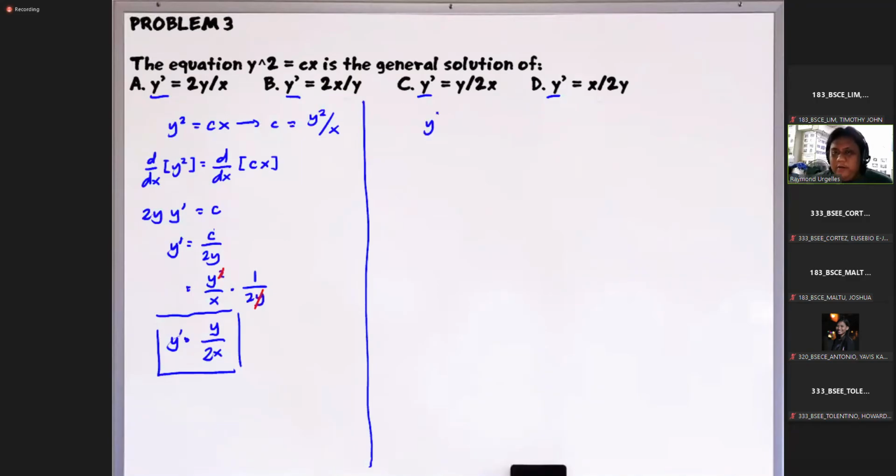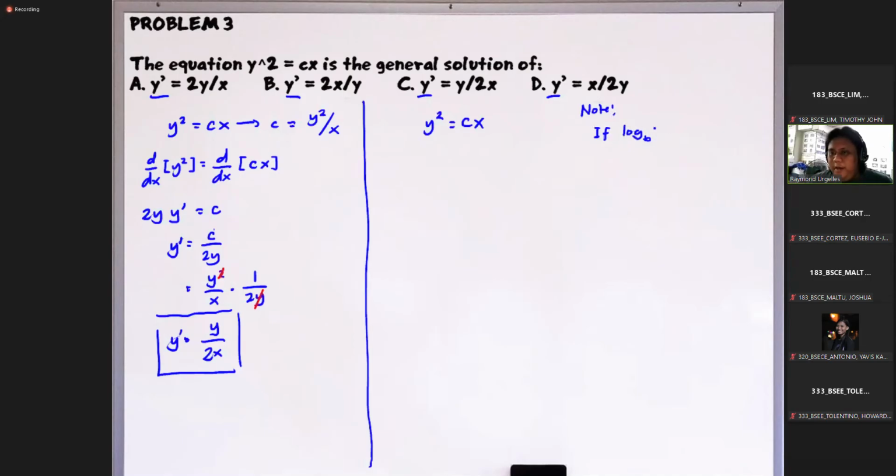Since y squared is equal to cx, we will use a property of the logarithm.